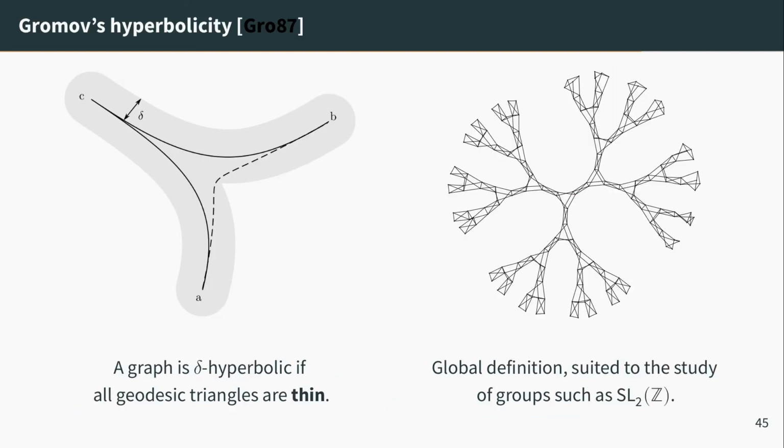And mathematicians, like 40 years ago, tried to distill this intuition into a definition that could be extended to graphs. And so Mikhail Gromov, a very famous geometer, proposed one such definition.